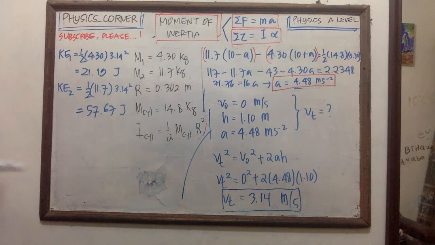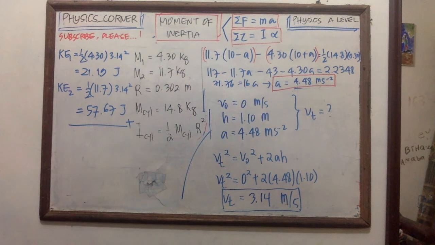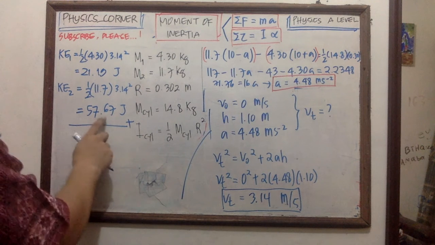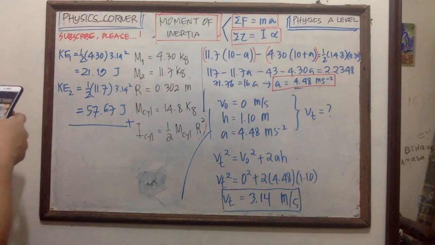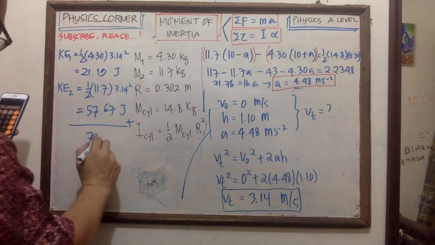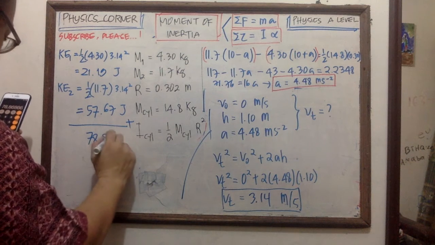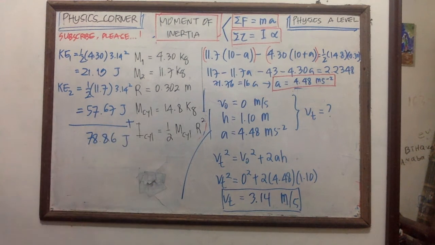Okay, now the sum, the addition of these numbers: 57.67 plus 21.19, so we get 78.86 joules.